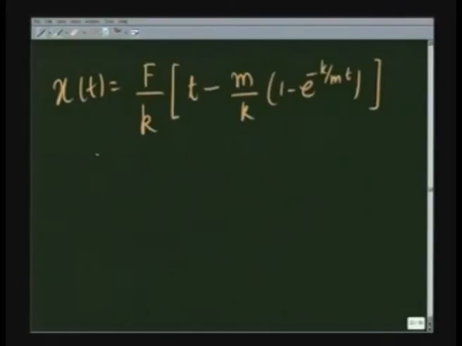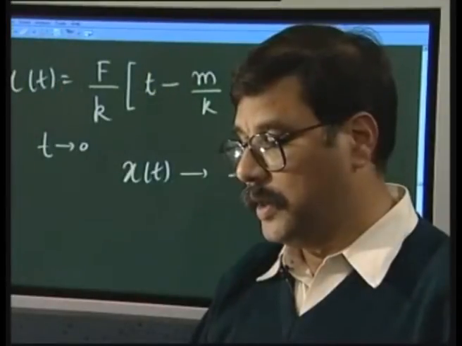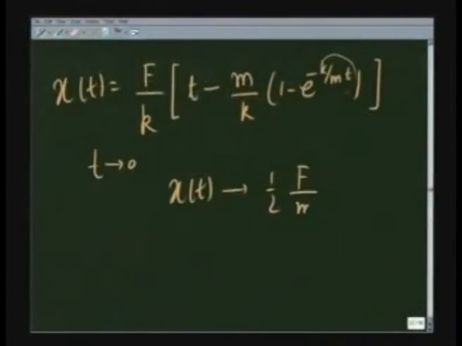Again in the limit of very small t, basically making this term very small, we just saw that x t goes as 1/2 F over m t square. How about large t?